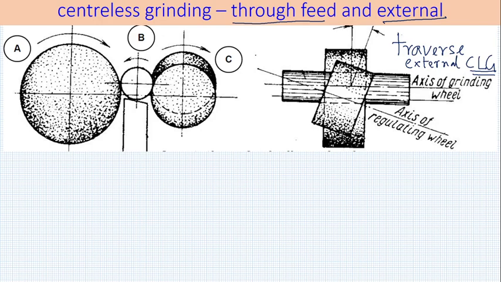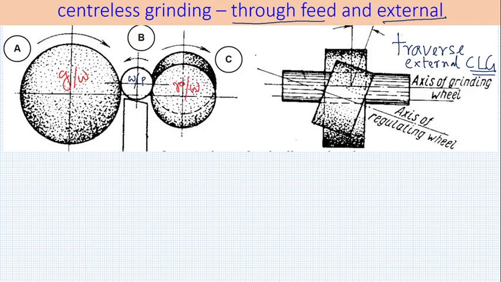So what is it? This is once again your workpiece. This is your grinding wheel. I'll change the color. This is your grinding wheel and this is your regulating wheel.